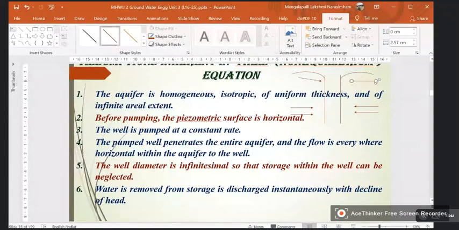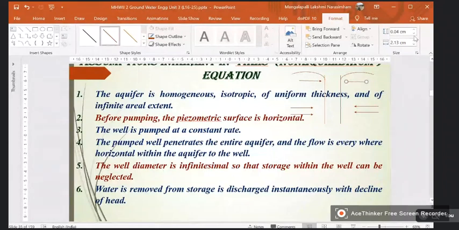So naturally, the flow will be more or less parallel to this, especially close to the piezometric head. So we assume that in this case also the flow will be horizontal. This is our most important assumption which is required to be considered.